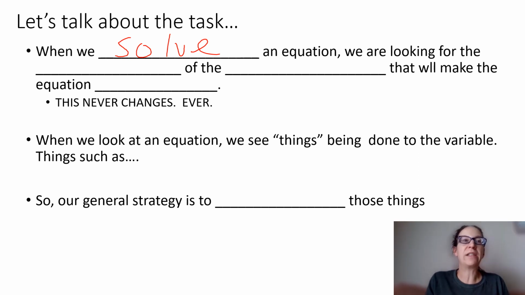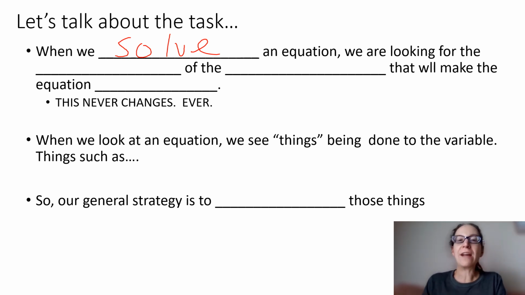So a problem that said factor, the answer would be factors, but you aren't solving something in a factoring problem. Or a problem might say graph this line, and your answer would be some kind of graph. You would produce a graph, but you're not solving anything when you are producing the graph.